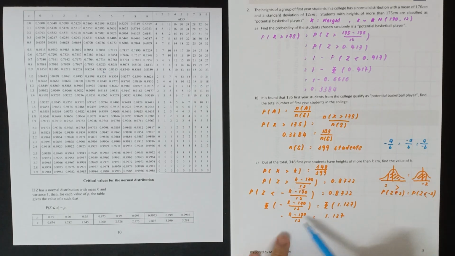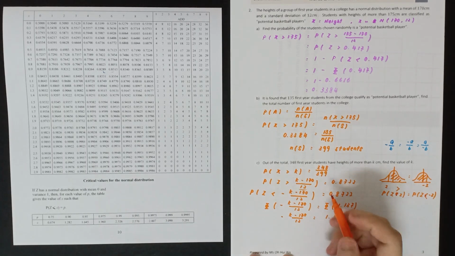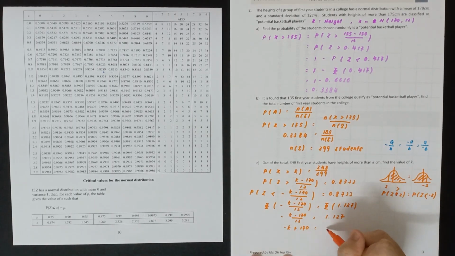So it depends on you whether you want to put the negative with the numerator or the denominator, but it's the same thing if you want to bring the negative to the other side also. I'm just explaining this so you won't feel confused when you solve it. So I'm going to put the negative plus, it will give me 13.644. So my k will be equals to 156 in 3 significant figures.